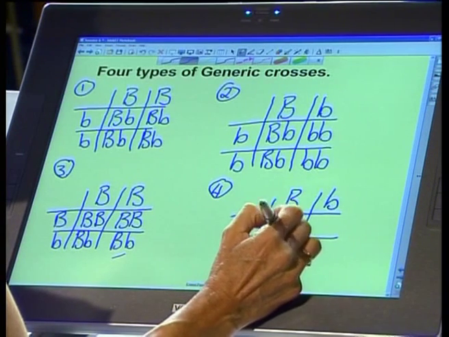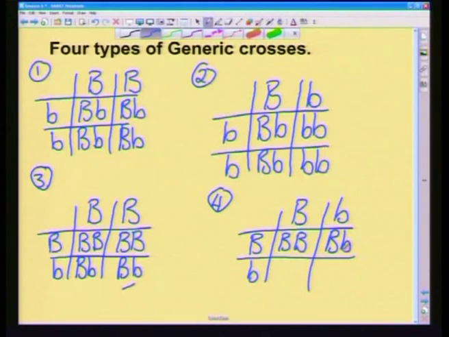So here we'll have a capital B, heterozygous, capital B, small b, the same here, and here we have small b, small b. So whenever you have a heterozygous and heterozygous cross, you are going to have 25% homozygous dominant, 25% homozygous recessive, and then 50% heterozygous.